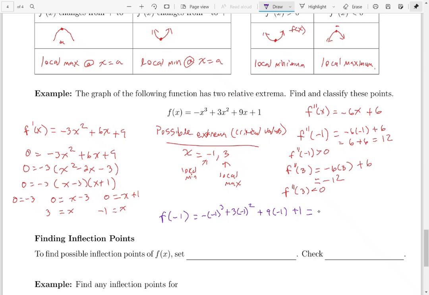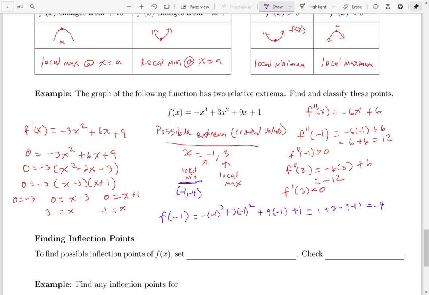Well, that's going to give me 1 plus 3 minus 9 plus 1, which is negative 4. So now I know that specifically I have a local min at the ordered pair negative 1, negative 4.